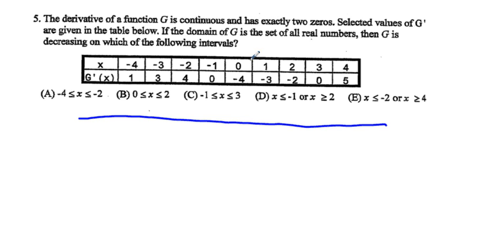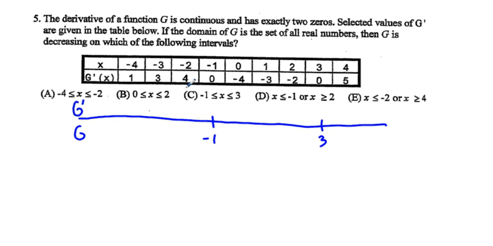And we have exactly 2 zeros of the derivative, at x equals negative 1 and at x equals 3. And so we're going to put G prime up above here and G below.